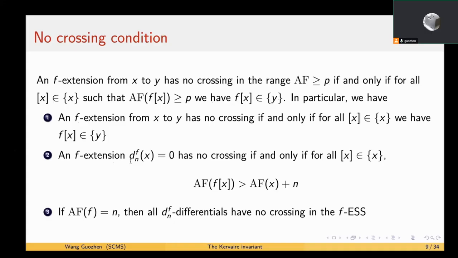And an F extension from x to 0 has no crossing if and only if for all representatives of x, the Adams filtration of F(x) is greater than the Adams filtration of x plus n. Moreover, if the Adams filtration of F equals n, then all the d_n^F differentials have no crossings in the F extension spectral sequence.